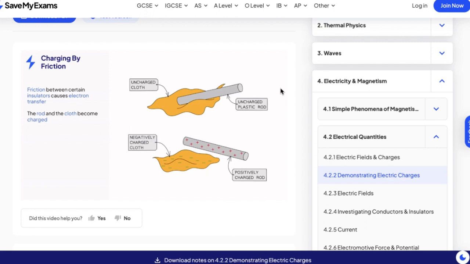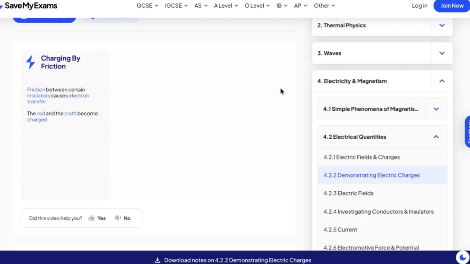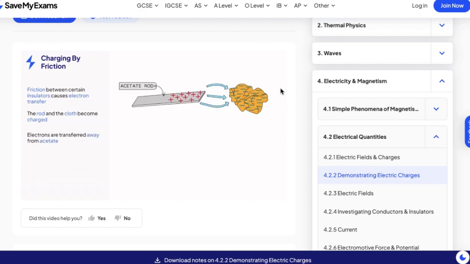and become negatively charged. Remember that the positive charges in an atom, the protons, are inside the nucleus, so they cannot be transferred. The only way that an object can gain a positive charge is when electrons are transferred away from it. When an acetate rod is used, the electrons are transferred from the rod to the cloth.